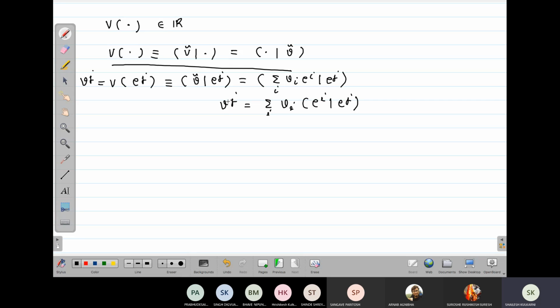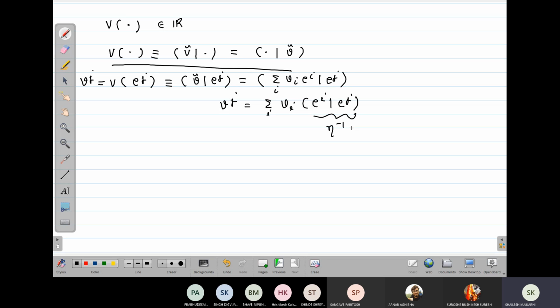Okay, this quantity is denoted by eta inverse. See, this quantity is a number. Ei inner product with Ej, E upper I inner product with E upper J is a number.